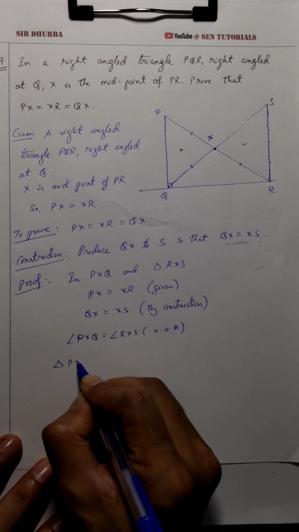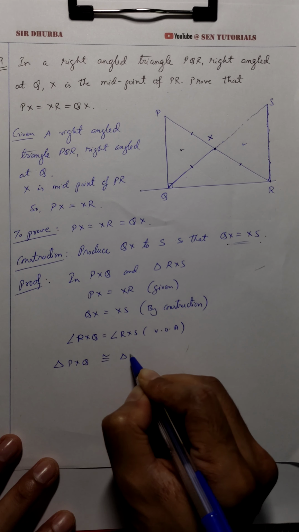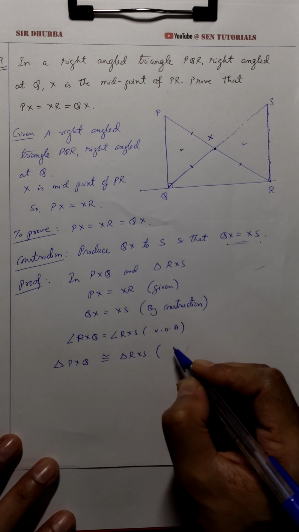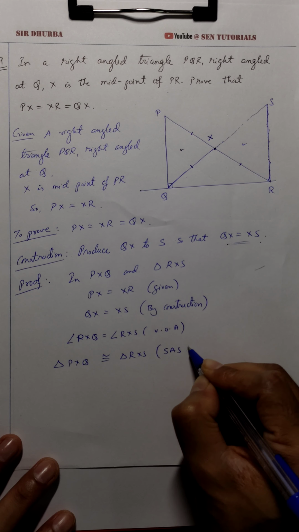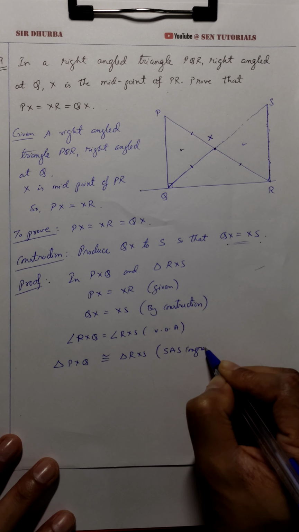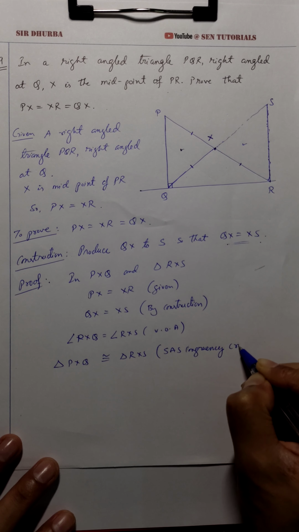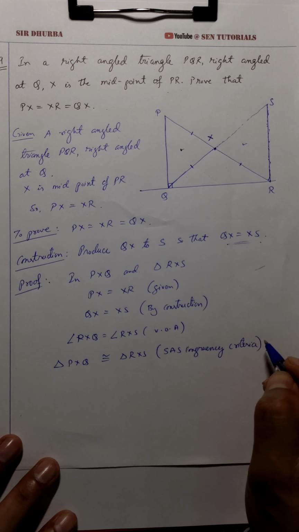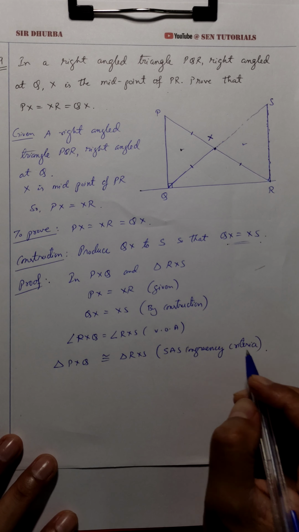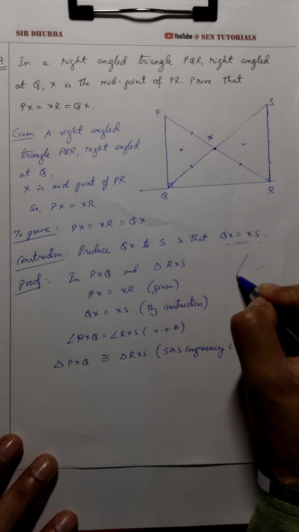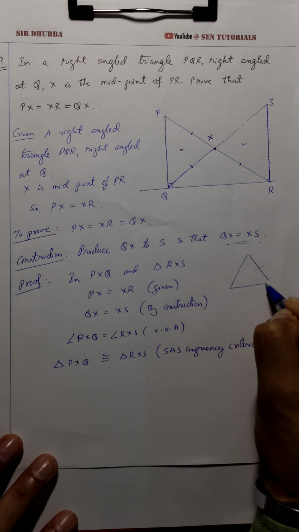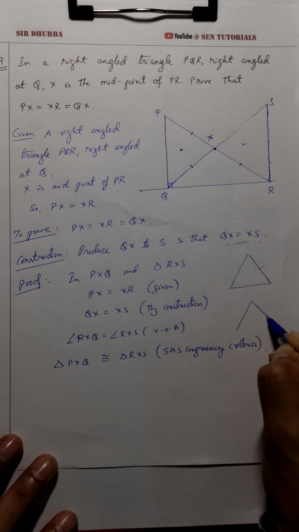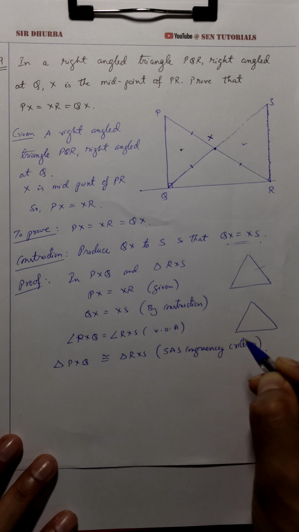So triangle PXQ becomes congruent to triangle RXS, by side angle side congruency criteria. I will not be using any other conditions. Just like the last one, it's always nice to have a rough figure of the two congruent triangles, especially when you study.